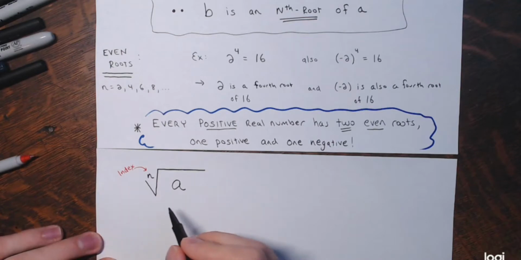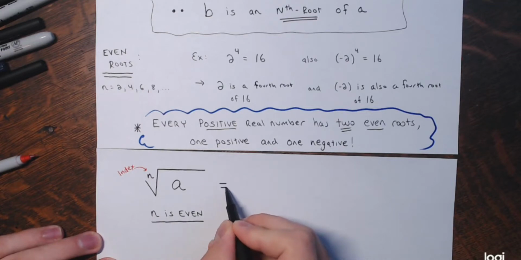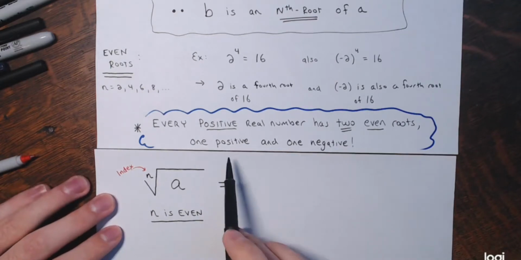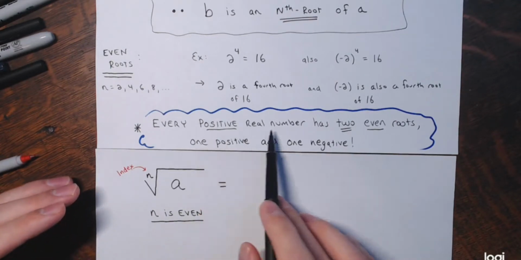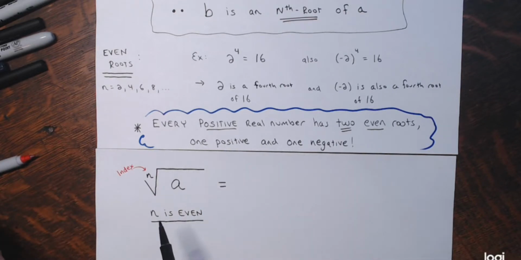So again, if n is even, remember, there are two even roots for every positive real number. So if I say, what's the fourth root of a, which one do they want?